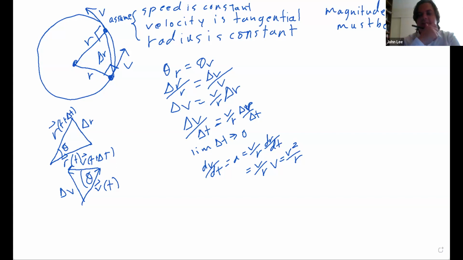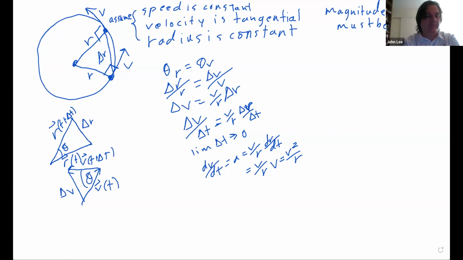So you need to work from these assumptions in order for it to be true that the acceleration is v squared over r, not the other way around, which is what a lot of people mistakenly do.